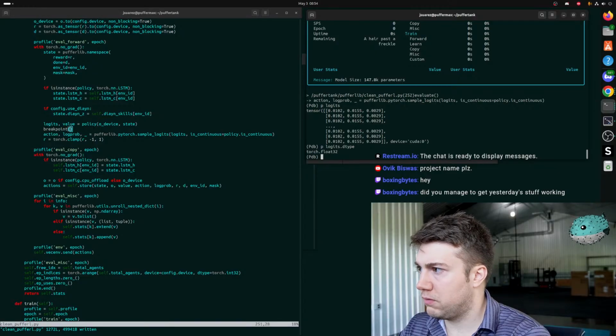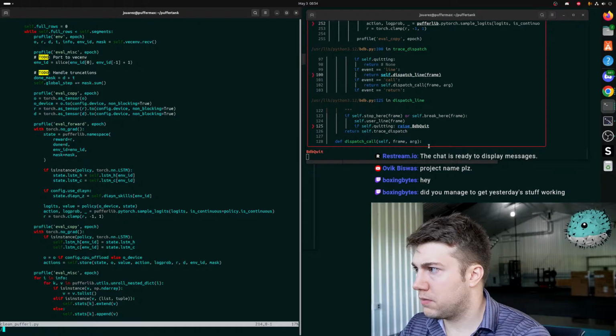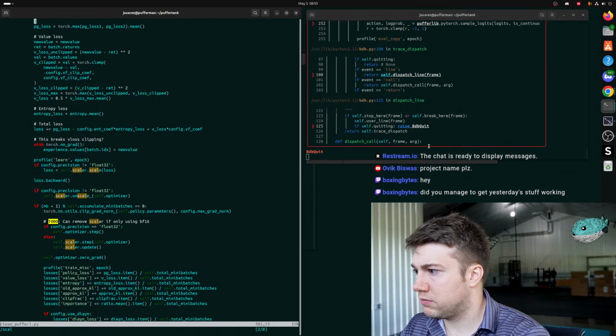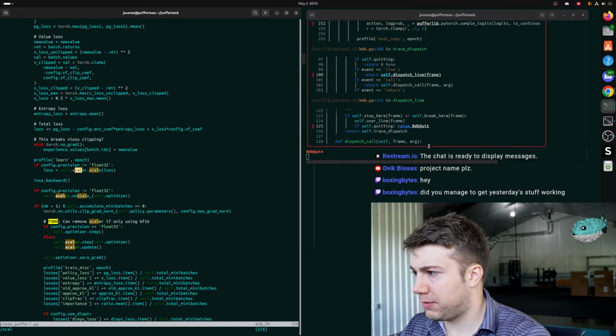Float 32. Okay, so I must have messed this up at some point.